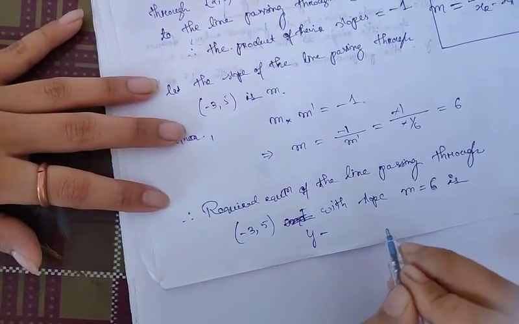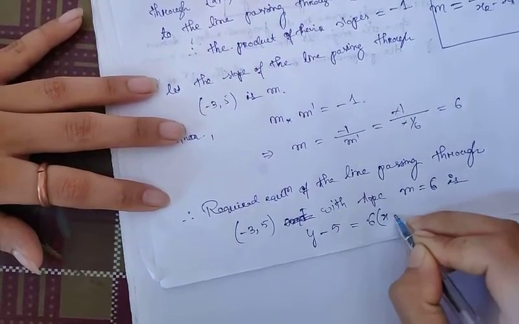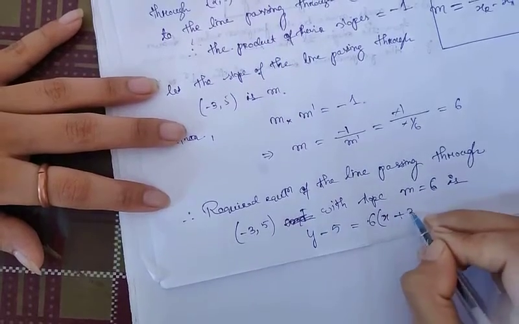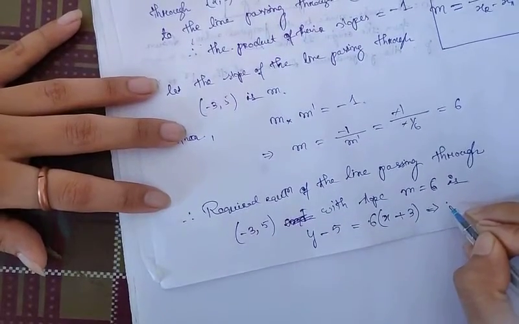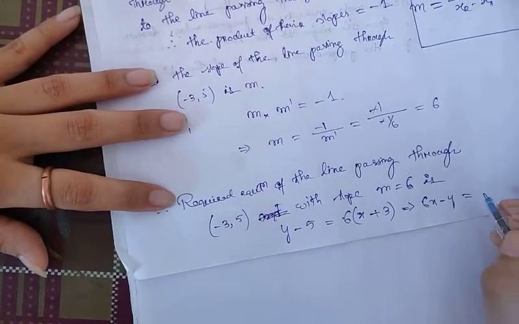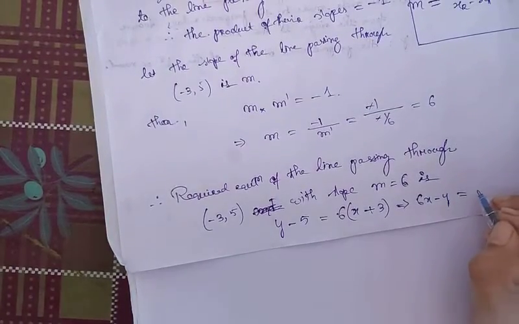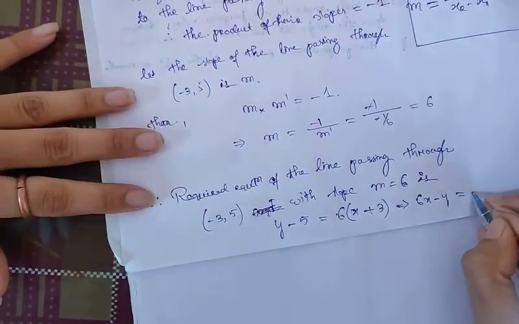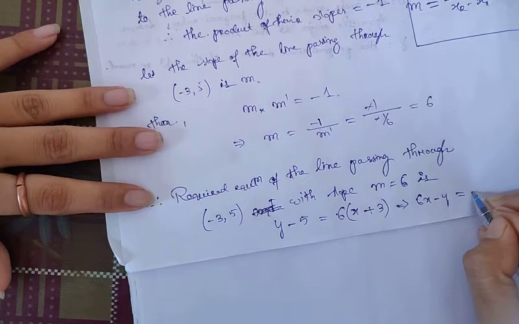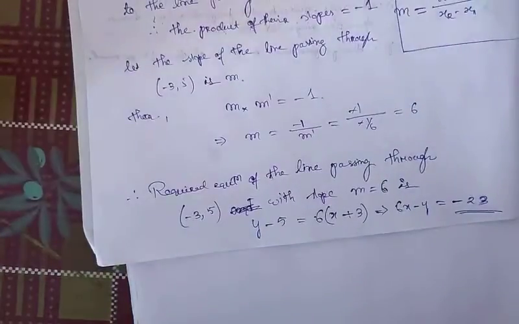The point slope form: y minus 5 equal to m times x minus of minus 3, and minus of minus 3 is plus. So solving this we get 6x minus y equal to minus 5 minus 18, 23. So this is your required equation of the line.